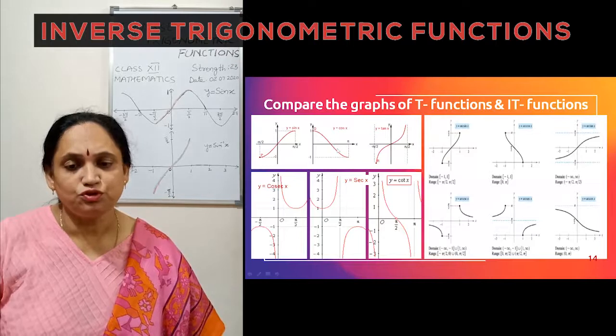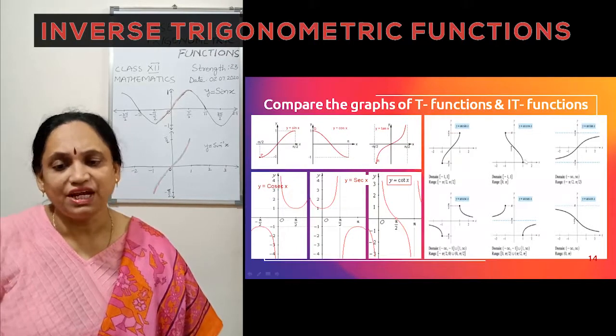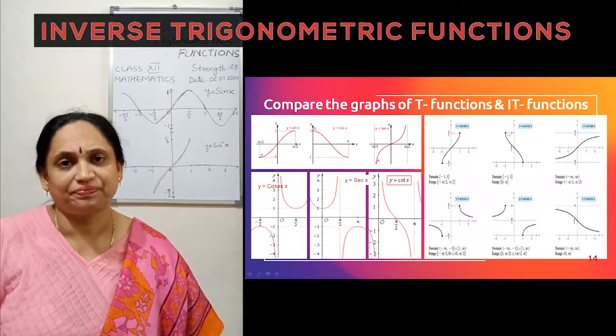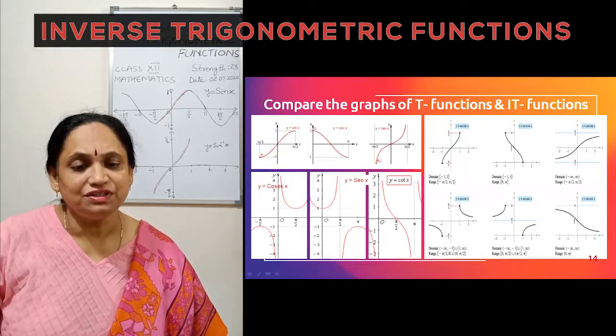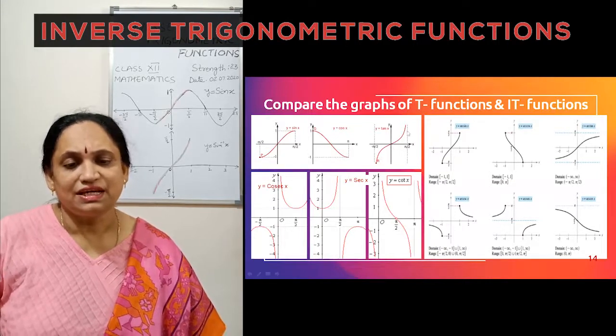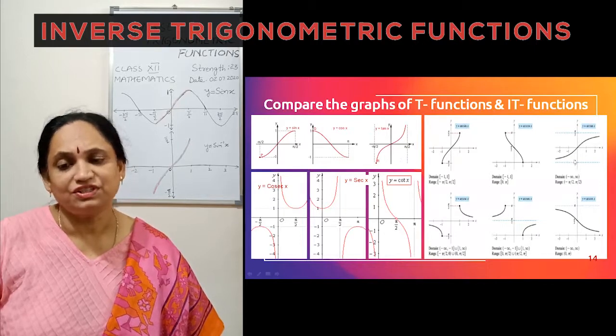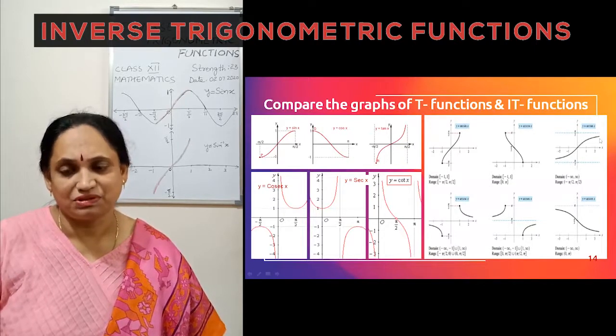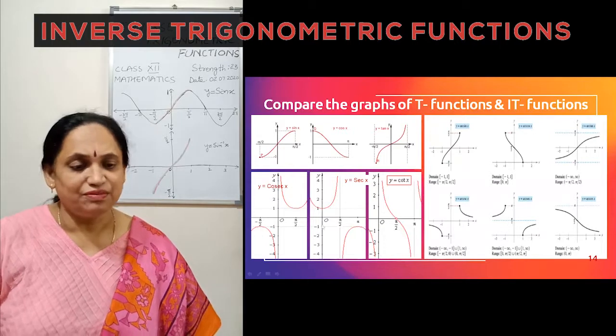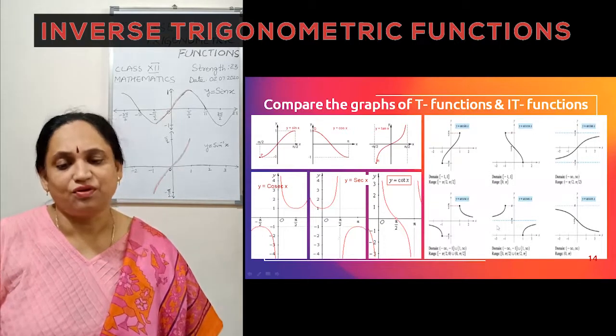The domain was 0 to pi, whereas here the range becomes 0 to pi. For the tan function, the domain is minus pi by 2 to plus pi by 2, but for the tan inverse function, the domain is all real numbers. Similarly, cosecant, secant, and cot.